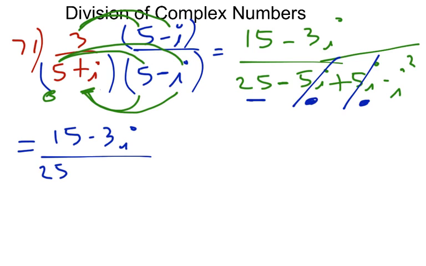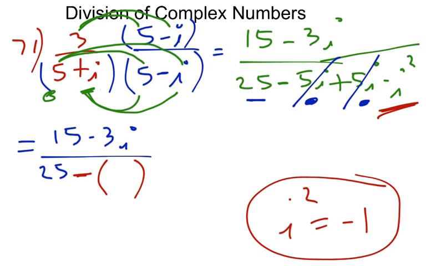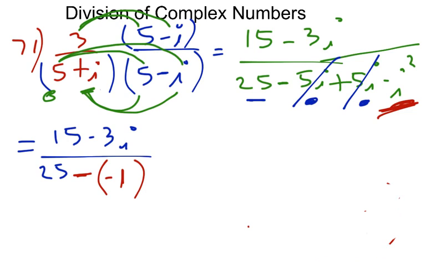Last thing that I have is that negative i squared. i squared equals negative 1. Make sure you remember that. So instead of the i squared, I'm going to write negative 1. Okay? Let's continue. So I have this.